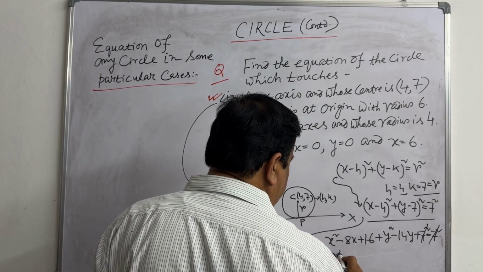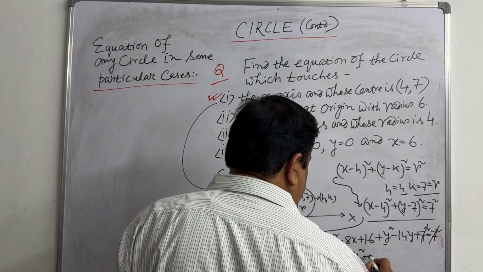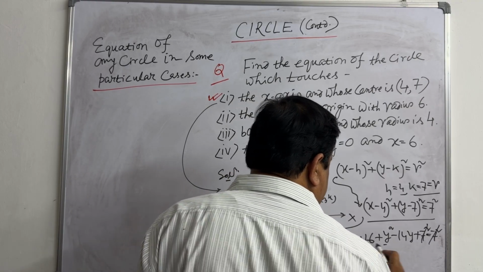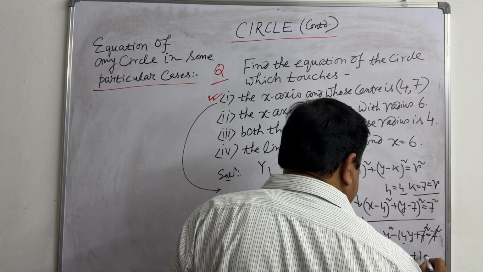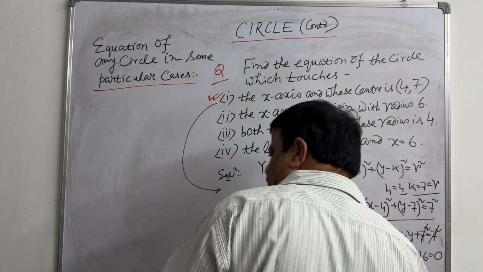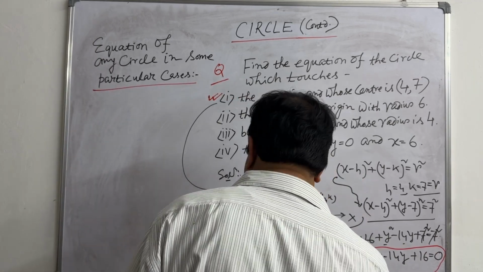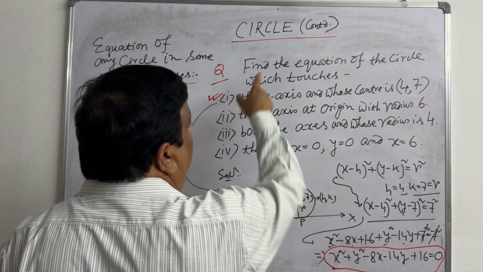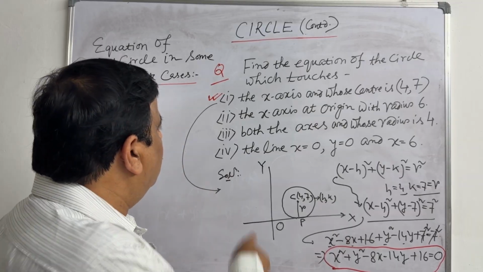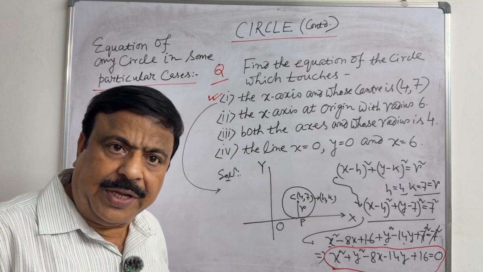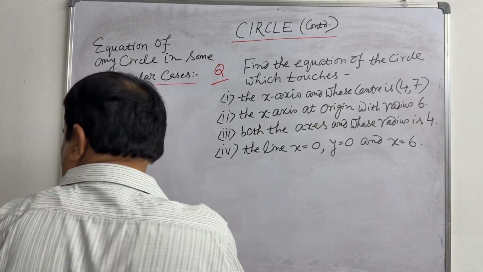That is x square plus y square minus 8x minus 14y plus 16 is equal to 0. So this is the answer of part 1 of the question. Clear? Next, we'll go to solve part number 2. Now, we'll solve problem number 2.